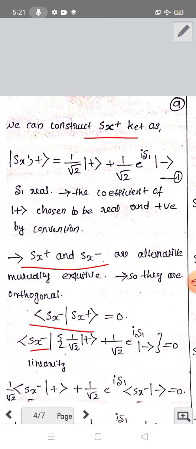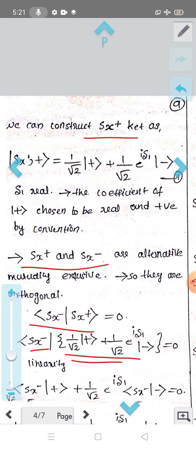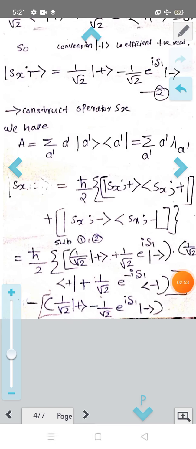Substituting from equation 1, for this to be orthogonal, |Sx-> should be 1 by root 2 |+> minus 1 by root 2 e raised to i delta 1 |->. Put it as equation number 2.